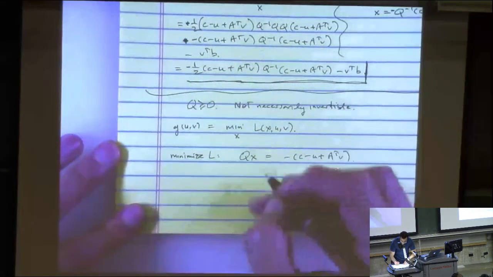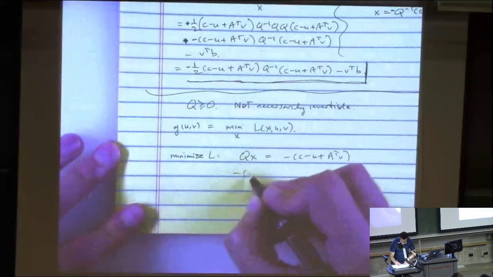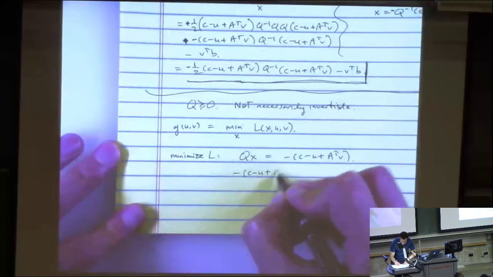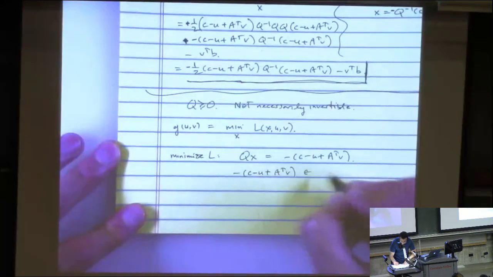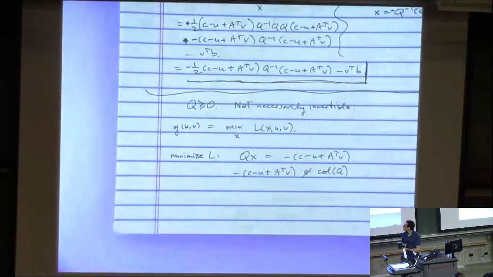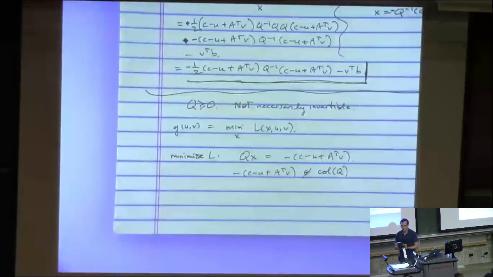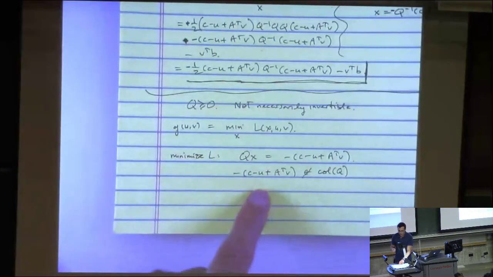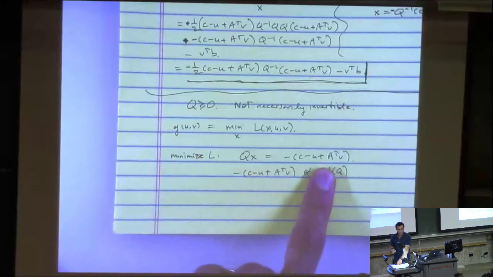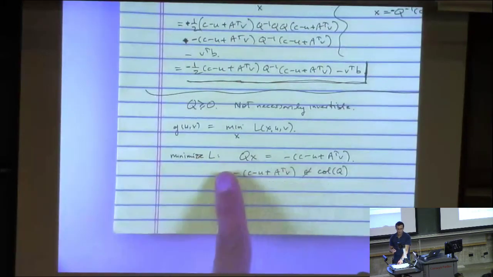The first case is when minus C minus U plus A transpose V is not in the column space of Q. Q here is singular, possibly. It could be that this does not lie in the image of Q at all. There is no x for which this equality is true. That's a possibility when Q is singular.